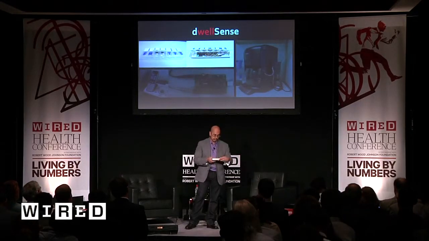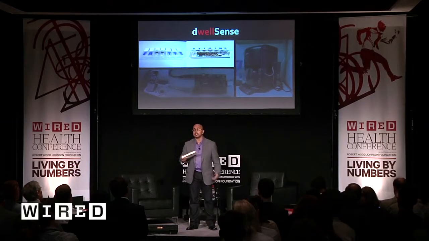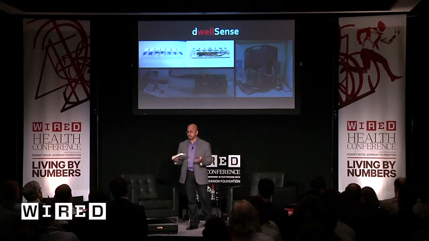The second thing we're really interested in is how to do it in a way that doesn't affect how they perform those activities. So we took three of those instrumental activities of daily living, ones that we thought we could sense relatively easily, and ones that provided some concrete value to our subjects, to our users.